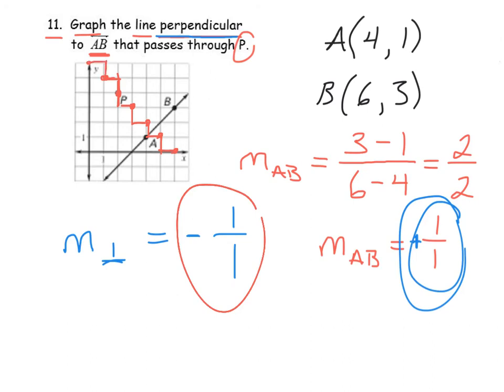Up and left, there's my next point. I can clearly see this line is going to have a negative slope. It passes through point P, and I know it's perpendicular to line AB because when I compare their slopes, they are opposite reciprocals, or you could state that their product is negative 1.